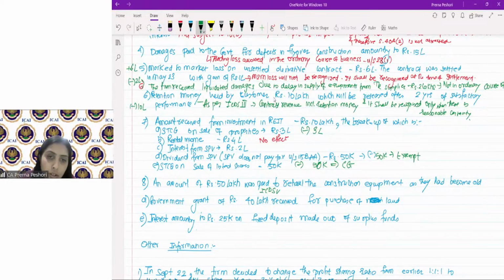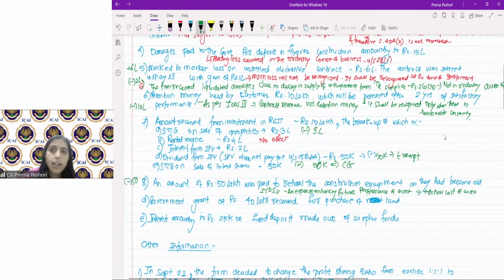So an expenditure enhancing the future performance of the asset is added to the actual cost of the asset. So from here, this will get reduced. So minus 50 lakh. Fine.